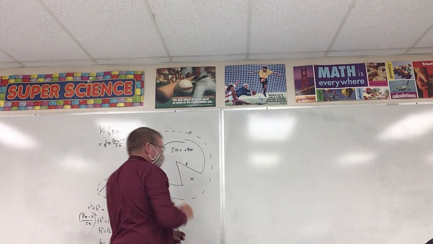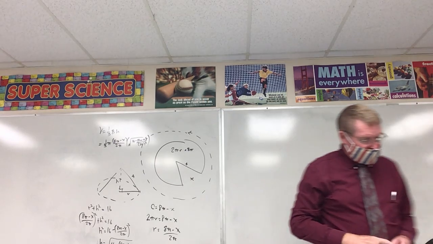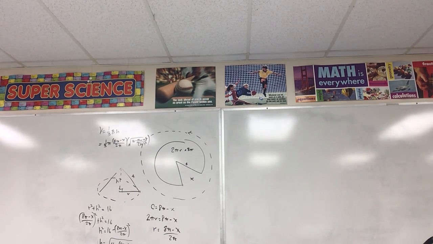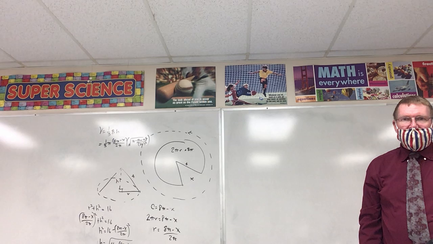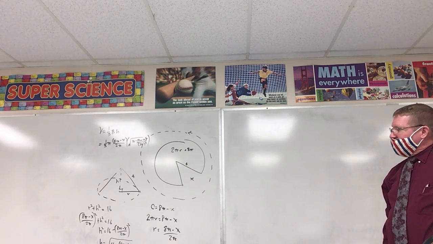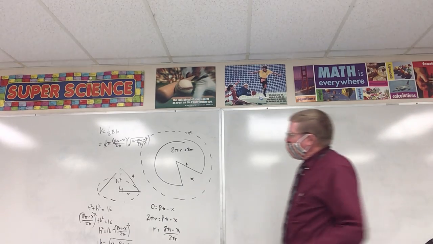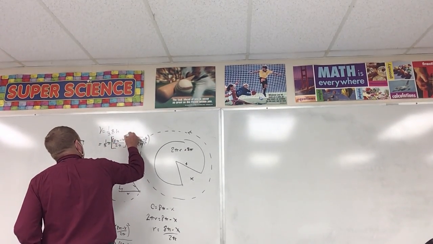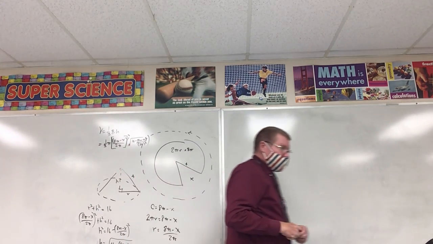Parentheses. Okay? Make sense? Why would it be 1/3 pi? Because the area of the base is pi r squared. Oops, I forgot to square the r. That's right.